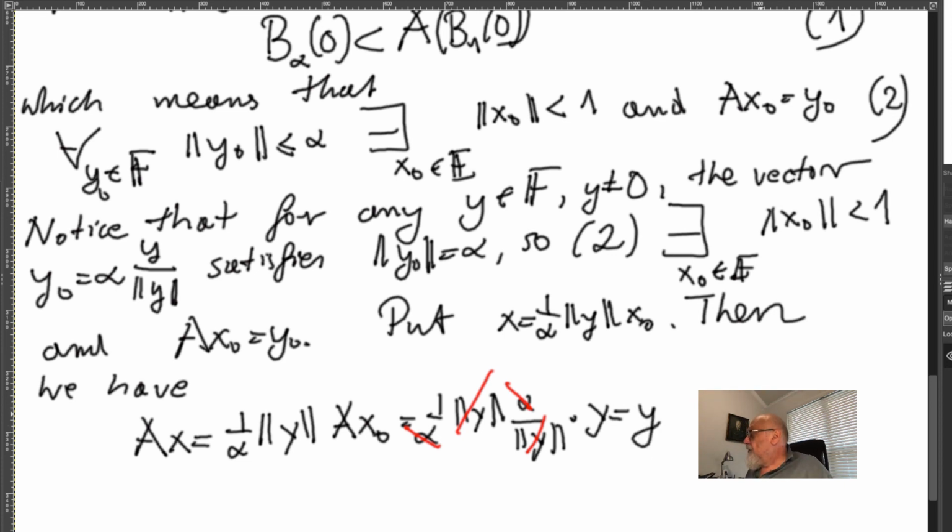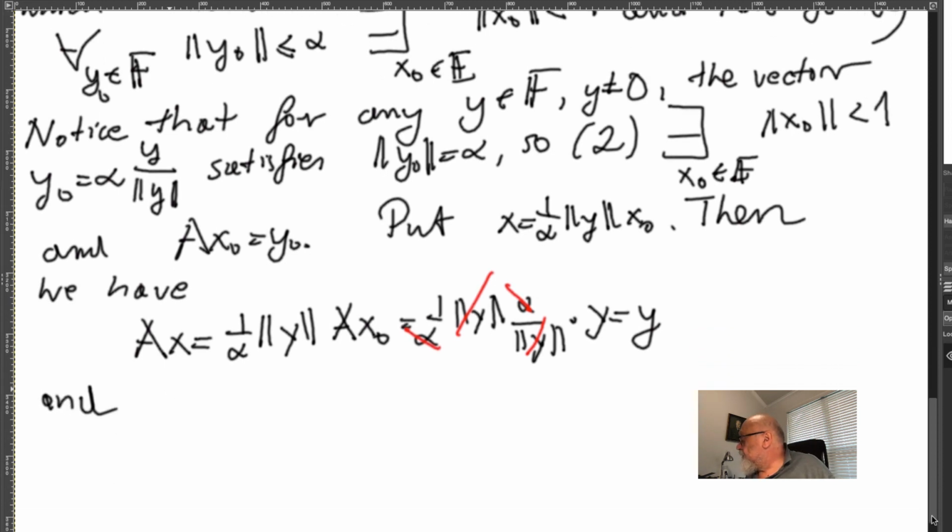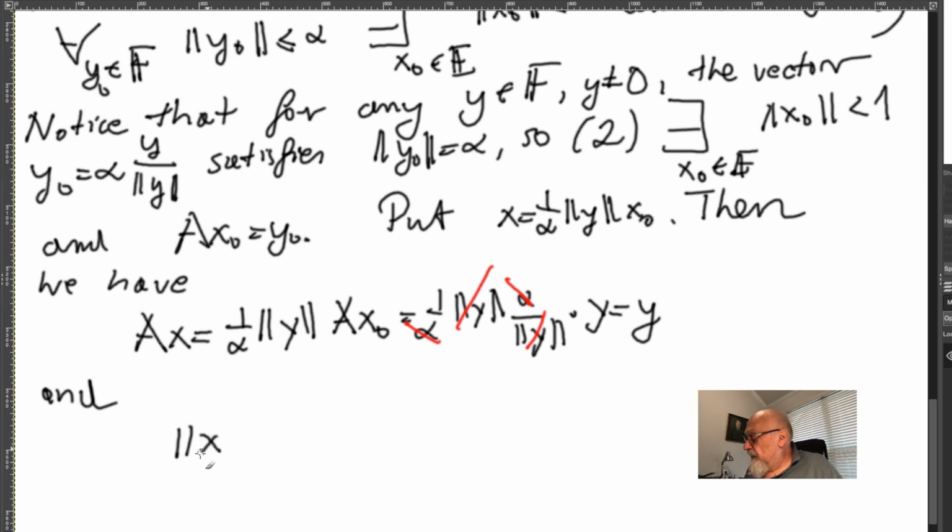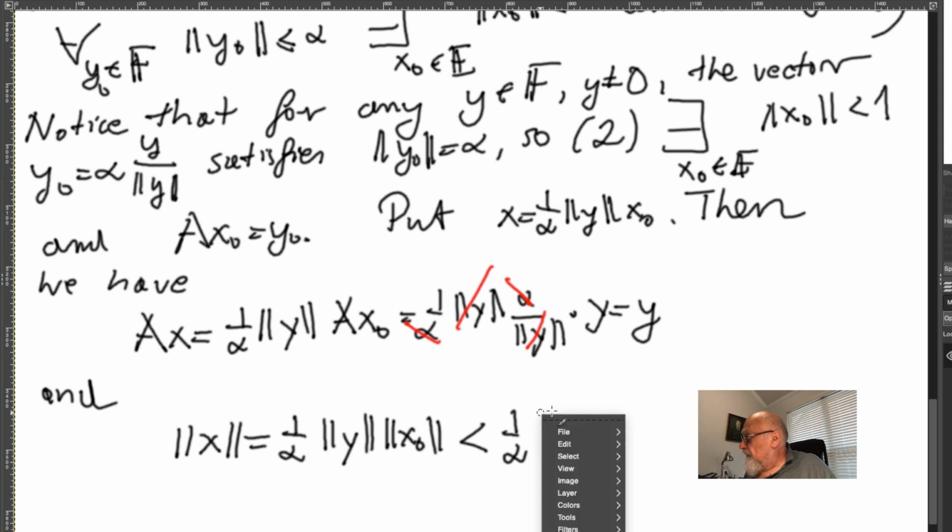And of course, from the condition above that x0 has the norm smaller than 1, we also get, let's check it out, the norm of x is equal to the norm of y over alpha times the norm of x0, which, since the norm of x0 is smaller than 1, is smaller than the norm of y over alpha.